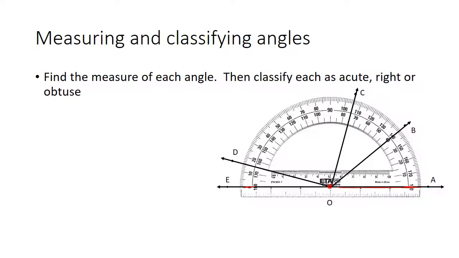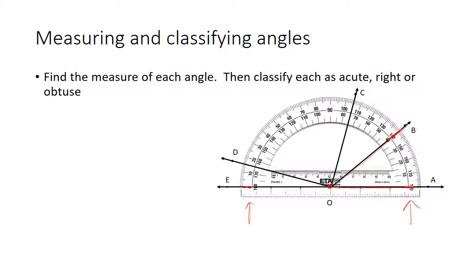So we're going to find the measure of each of the angles. When it's all lined up, let's say we were looking for AOB. We would look where our B is lined up right here. In this case, I can see this is an acute angle, so I'm going to use the smaller numbers. If you're lining up from this side of your line, you're going to use the inside.